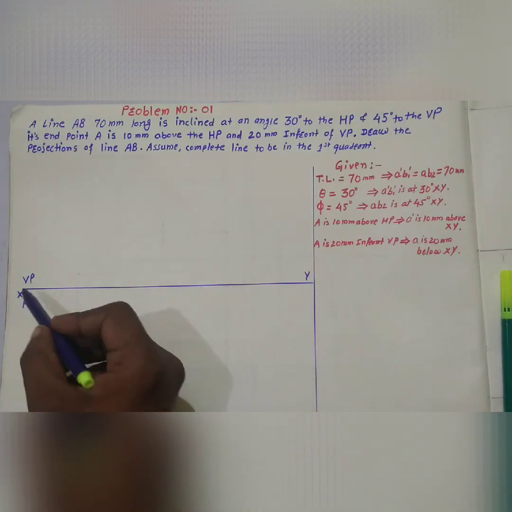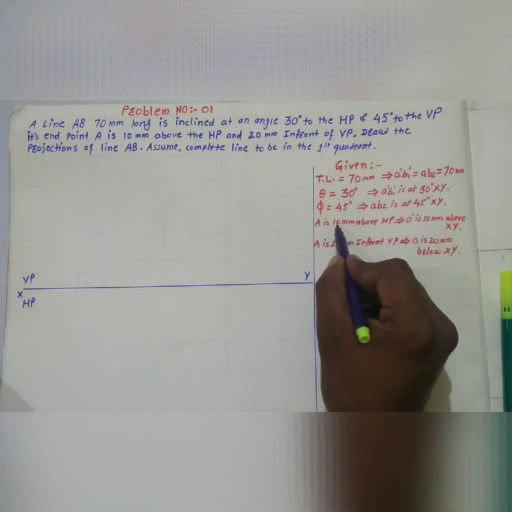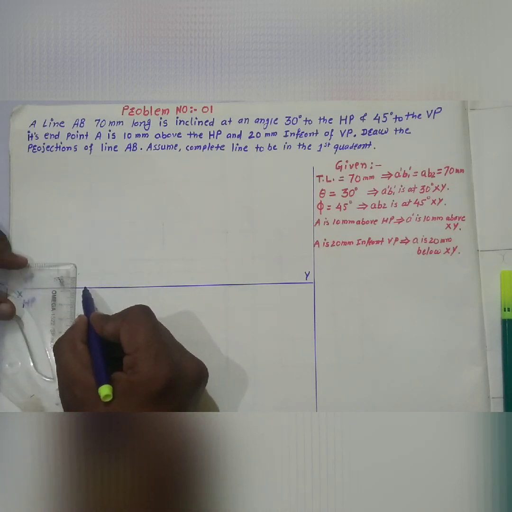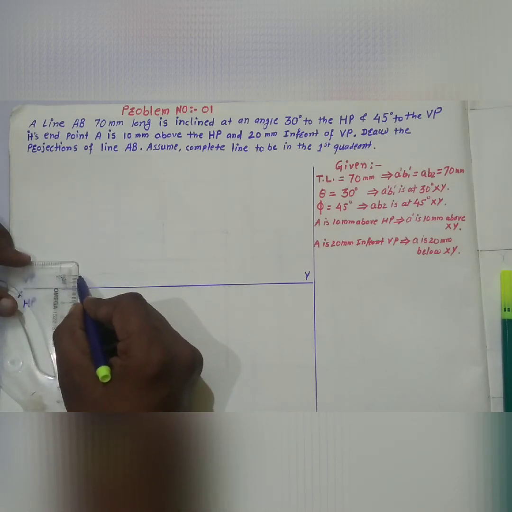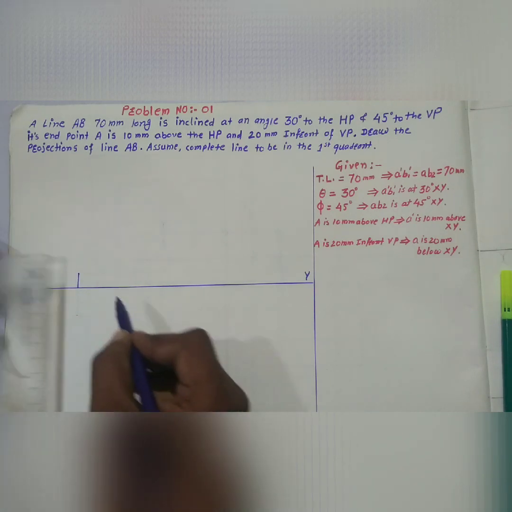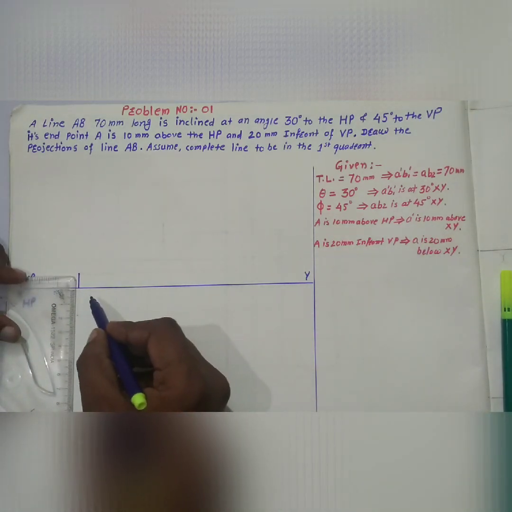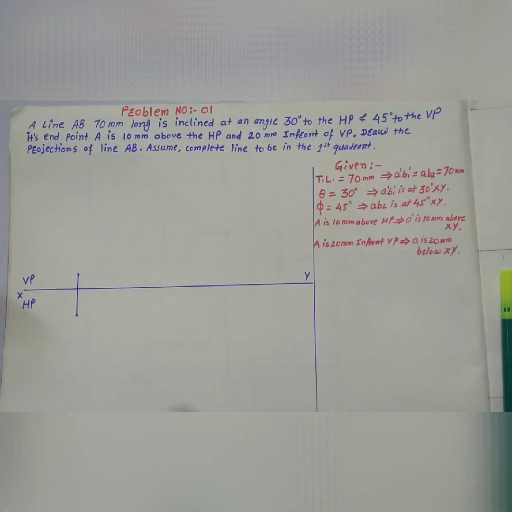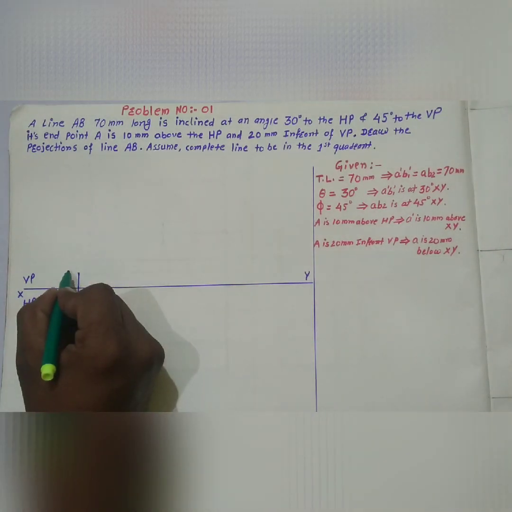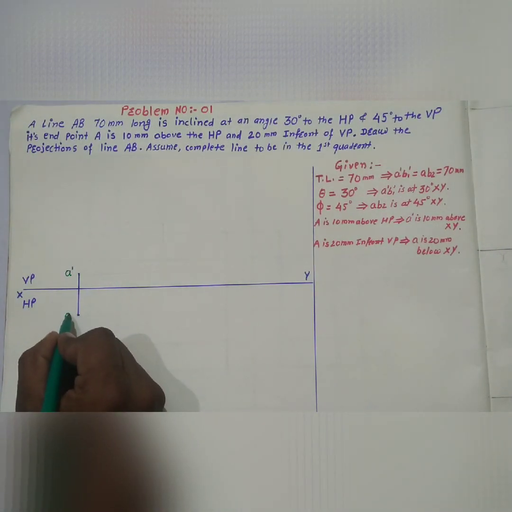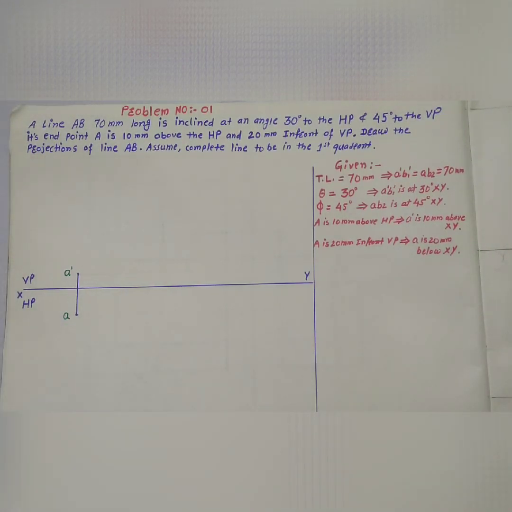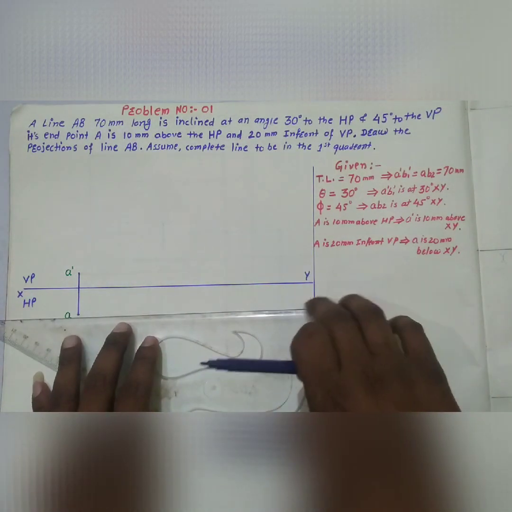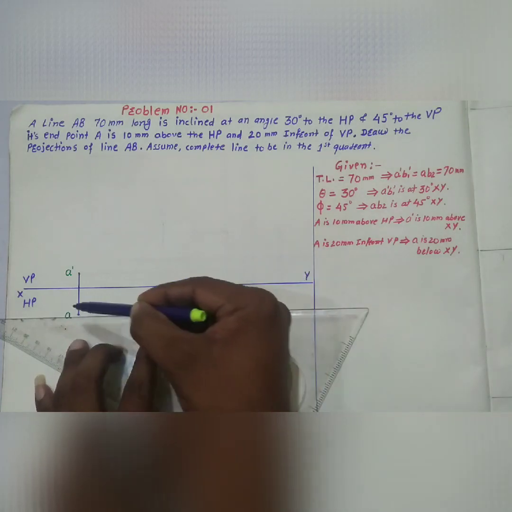Now we take this 10 mm distance above the XY line and 20 mm below the XY line. So I get these two points, A dash and A. When you get A dash and A, draw a line parallel to the XY axis.